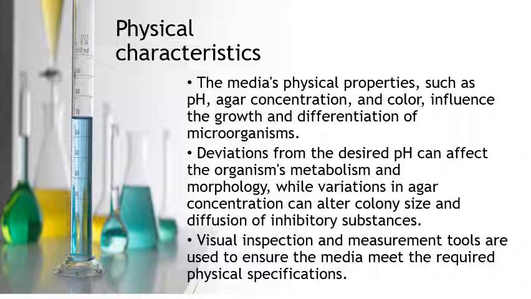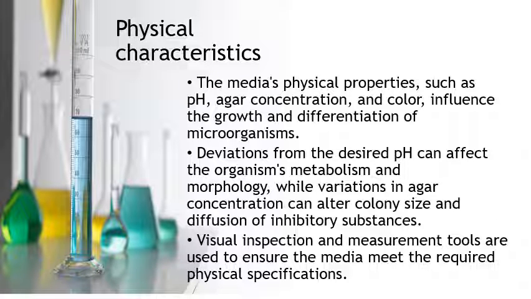When we deviate from the expected pH by altering the pH content, we give room for variation in the physical characteristics of the agar, and this can lead to false results. Hence, the physical characteristics of every agar must be controlled to give a quality growth of the target bacteria.